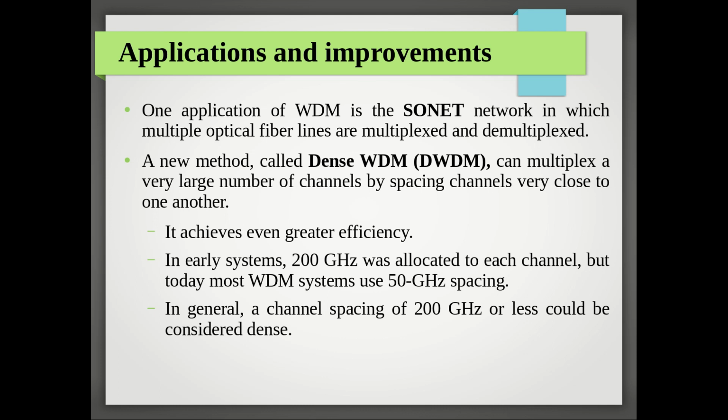If the channel spacing is 200 or less, that is dense wavelength division multiplexing. If it is 200 or more, it is just normal wavelength division multiplexing. You can think of another higher value, and that would be sparse wavelength division multiplexing. But we are interested in dense wavelength division multiplexing only, because it provides more efficient use of the underlying cable.